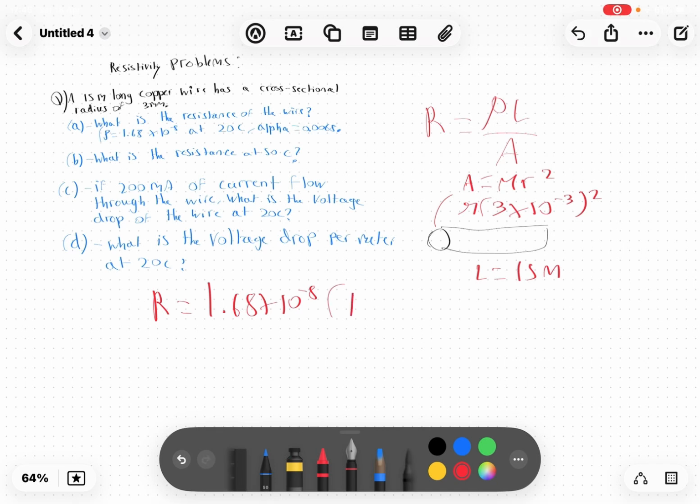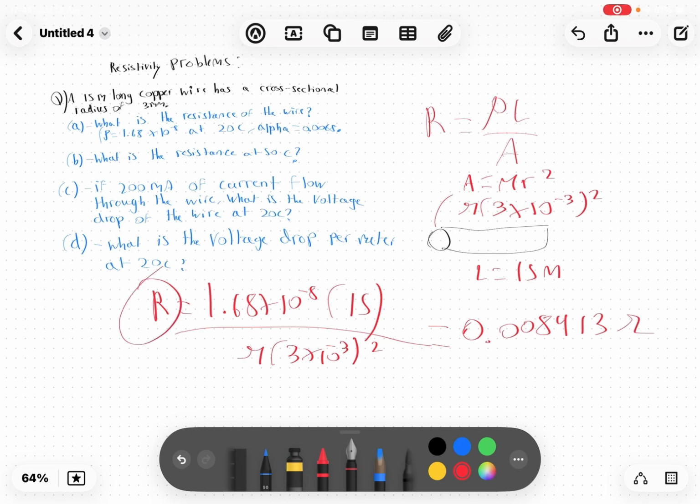Then that's times 15, and then divide that by pi times (3 times 10 to the power minus 3) squared. So that is 0.008913 ohms, because remember, resistance is in ohms.